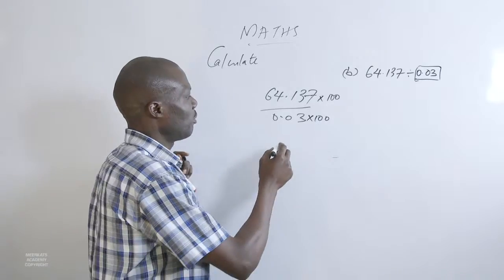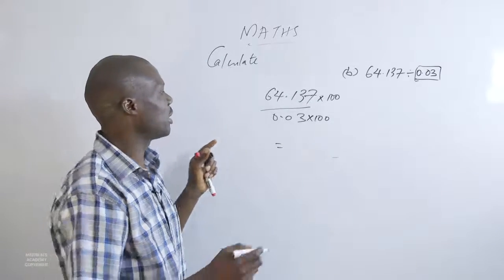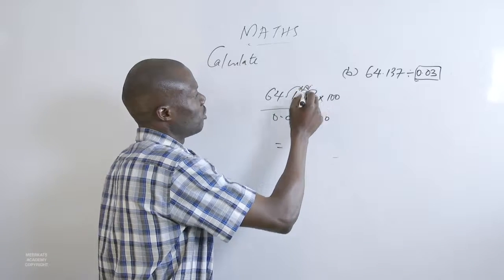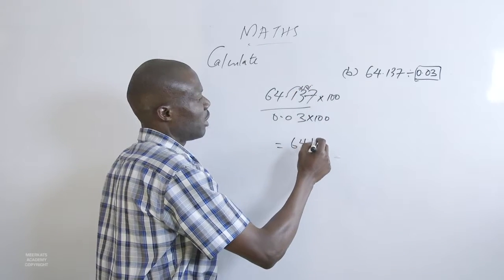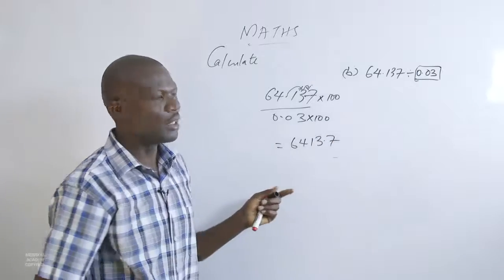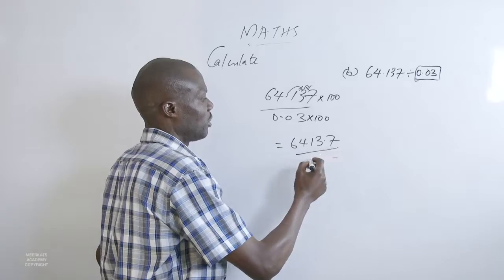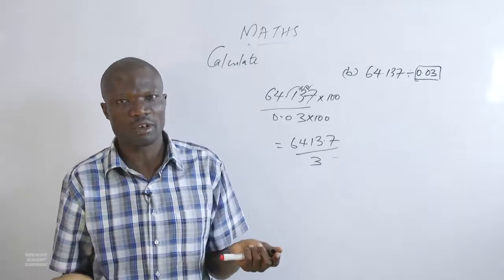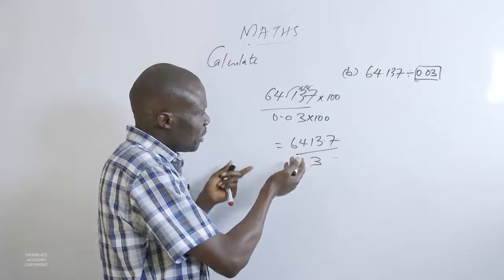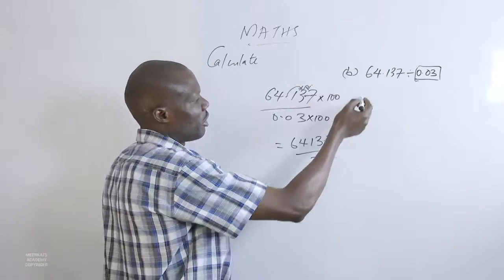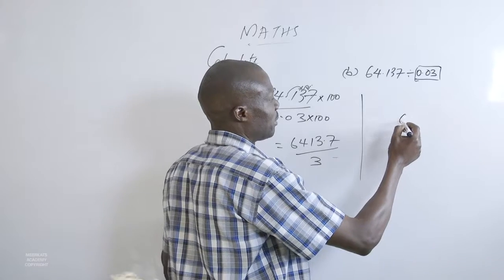So when you do that, this decimal part will move 2 steps. So 6413.7, the whole of it over 3. 3 is a whole number. You can check if it is divisible, you simply cancel, or you can go the longer way and divide.